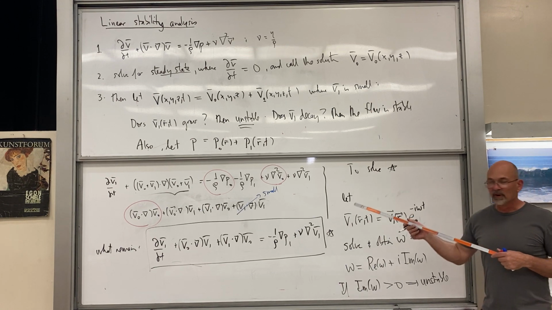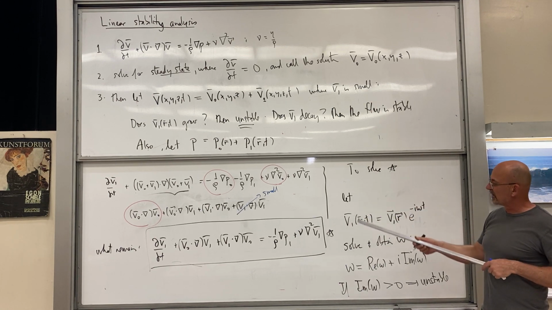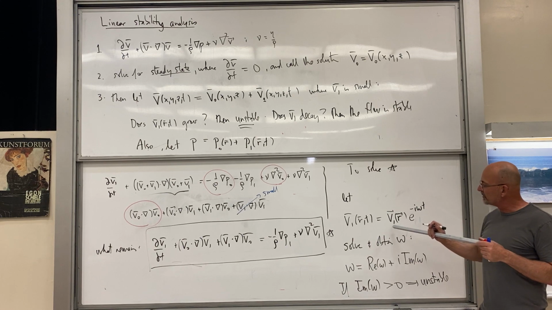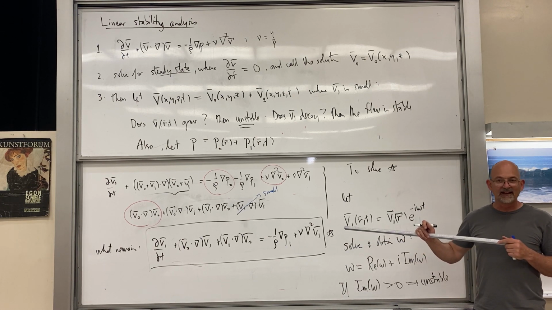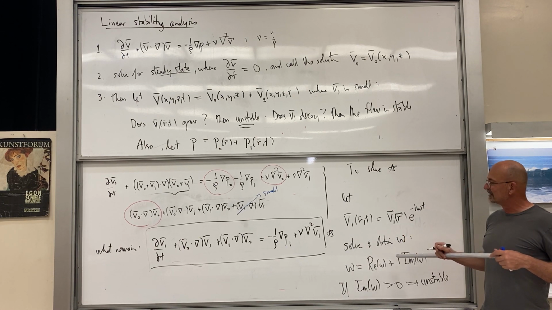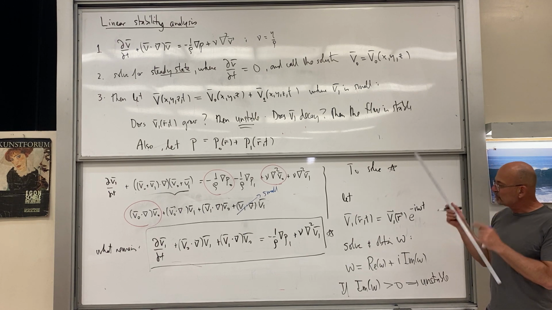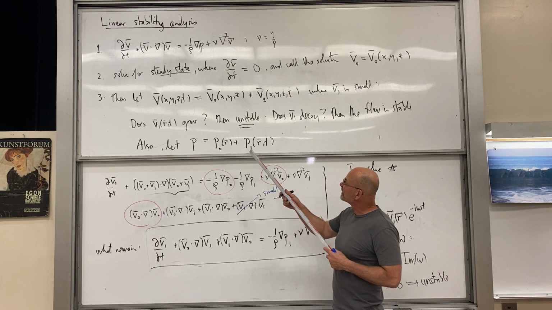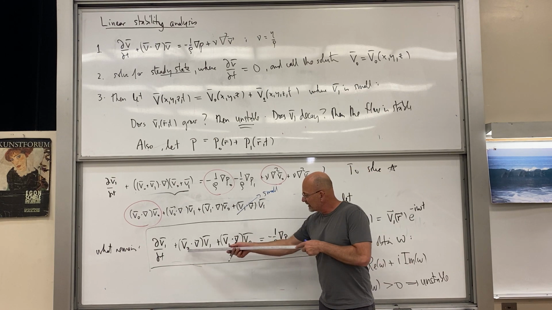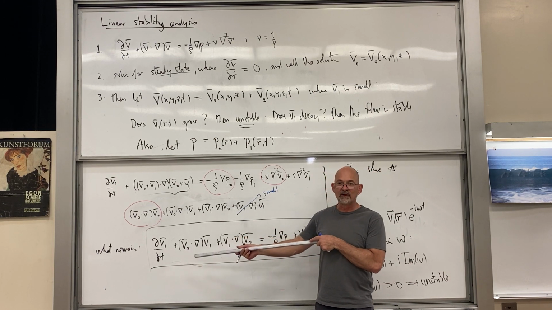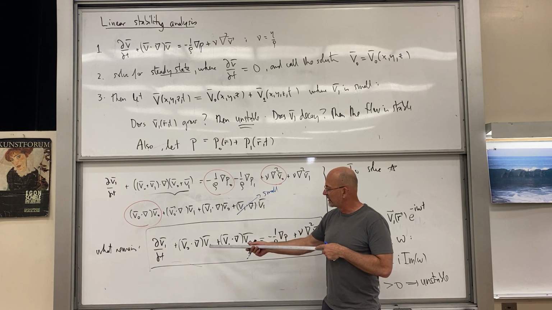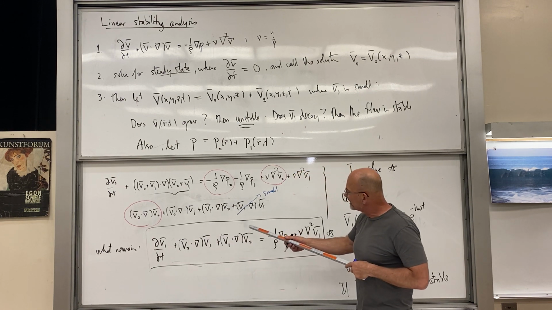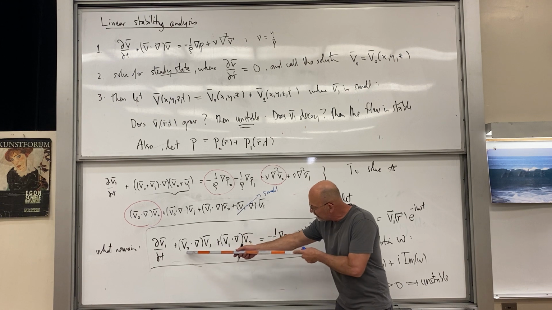So what's the problem here? To return to everything we've talked about, the schema is well defined. It's been implemented in a couple of simple cases, but the interesting cases, for example, the flow around an obstacle, this V0 hasn't even been found, okay? So this equation presupposes that you know V0.